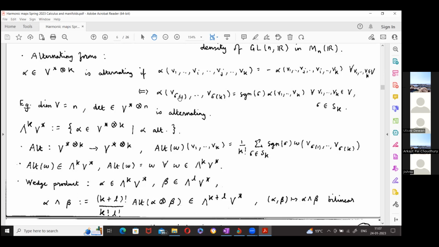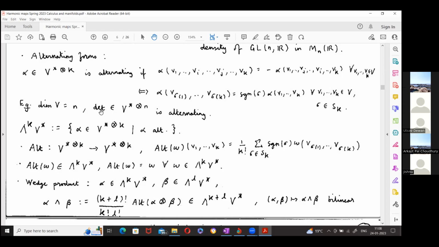For a general permutation, alpha changes by the sign of the permutation. Such a form is called an alternating form. For example, if I take the determinant, I think of it as a function of n column vectors in R^n. The determinant is an alternating form, right? This is the basic example of an alternating form.